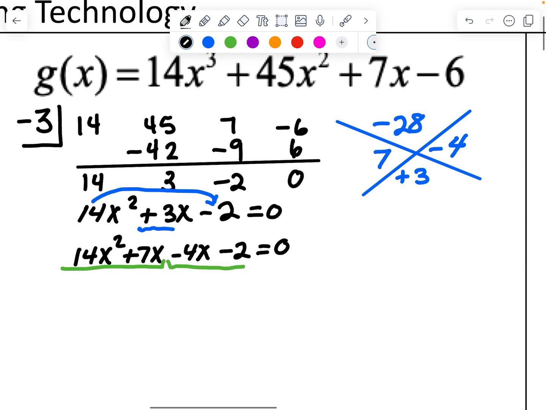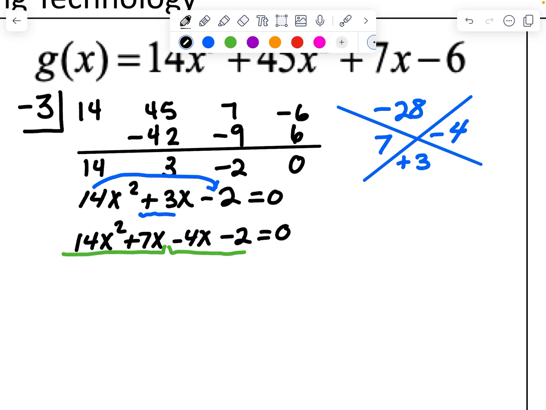So 14x squared and 7x contain a 7x, and this contains a -2. The greatest common factor of the first pair is 7x, which will leave us with 2x plus 1. The factor of the second pair is negative 2, which will leave us 2x plus 1.